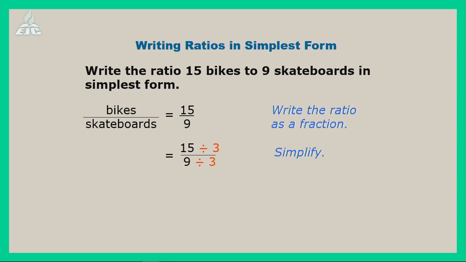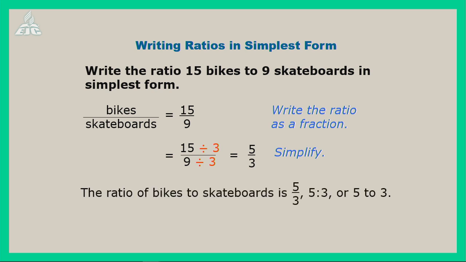So whatever you divide the numerator by, you divide the denominator by the same number. So we divide 15 divided by 3, and 9 divided by 3. And then we would get 5 over 3. But remember, our denominator names our fraction, so we say 5 over 3.